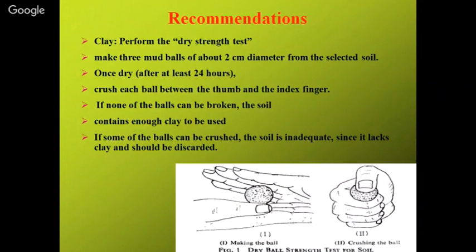If it crushes, then it has less clay. That is a brittle kind of failure, and it should not be crushed between your thumb and fingers. This is a very easy test you can do on the mud to judge whether it is good for construction or not.